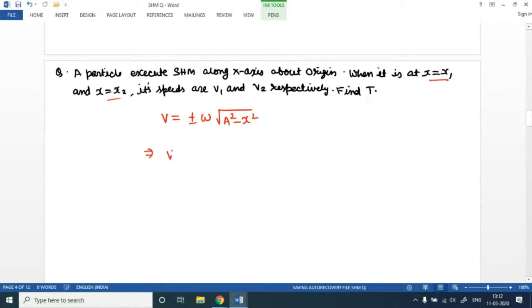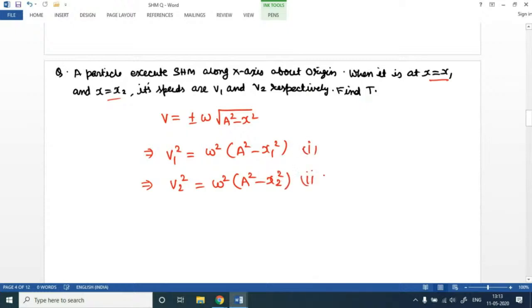So first equation we will be getting is v1 square is equal to omega square into a square minus x1 square, and the another equation we will be getting is v2 square is equal to omega square into a square minus x2 square. So simply let's say this is equation number 1, equation number 2.